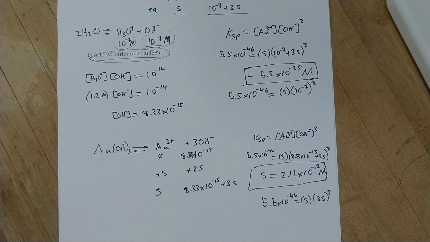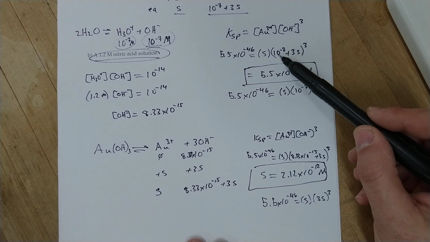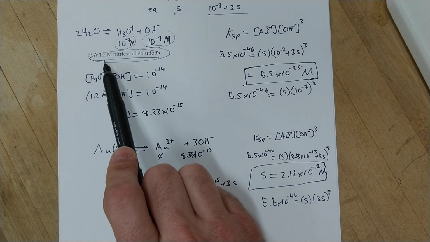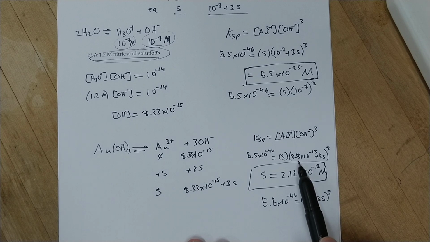So you could have actually shortened this calculation, understanding here that the solubility was going to be so much less than the initial amount of hydroxide. And here, by adding a strong acid solution, we had made the initial amount of hydroxide so low that it wasn't significant compared to the amount of gold hydroxide that would dissolve.